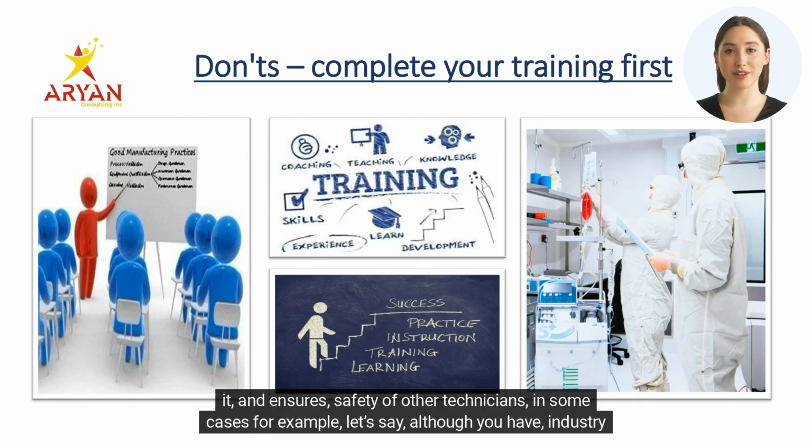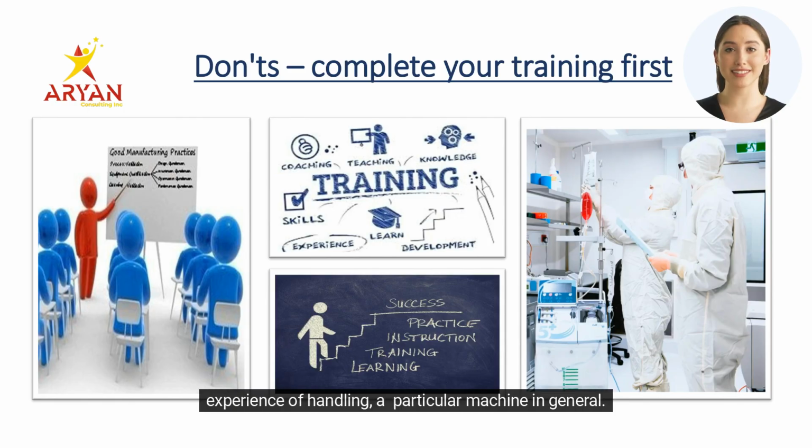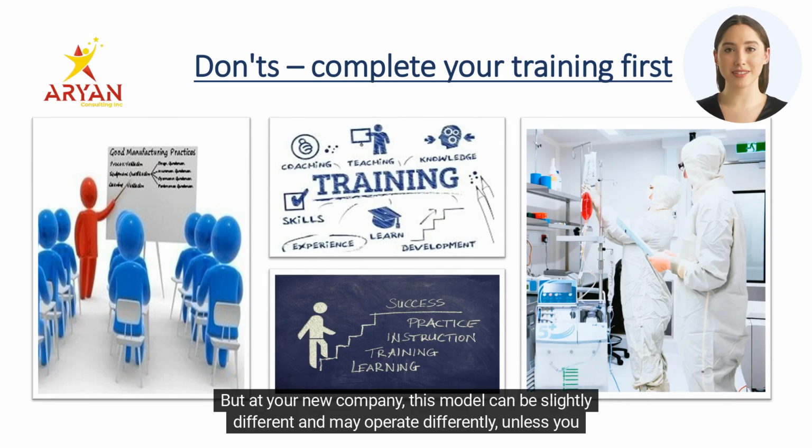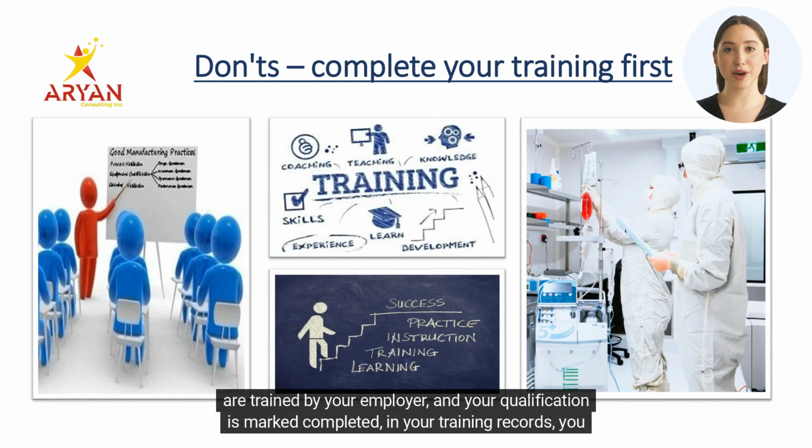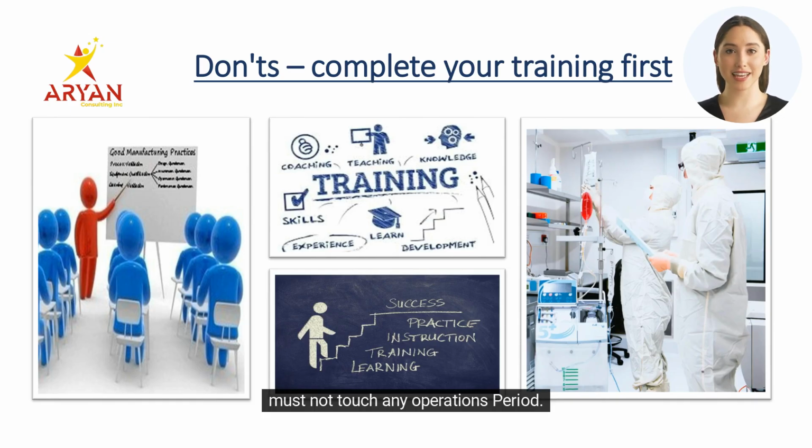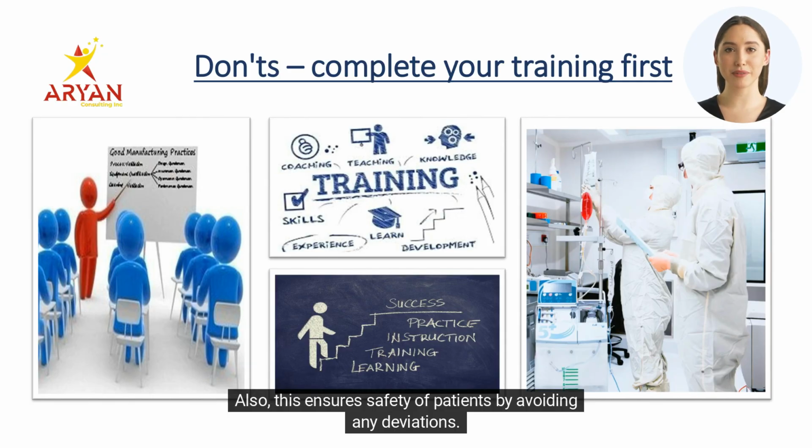For example, although you may have industry experience handling a particular machine in general, at your new company this model can be slightly different and may operate differently. Unless you are trained by your employer and your qualification is marked completed in your training records, you must not touch any operations, period. Also, this ensures the safety of patients by avoiding any deviations.